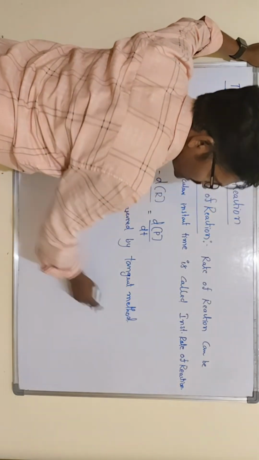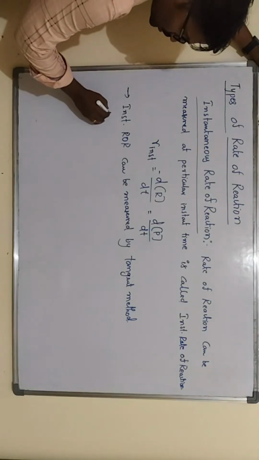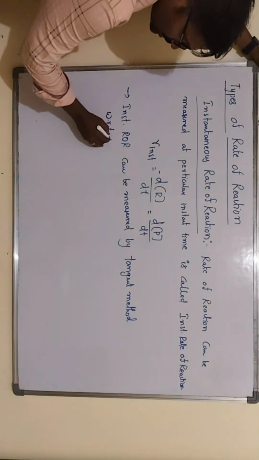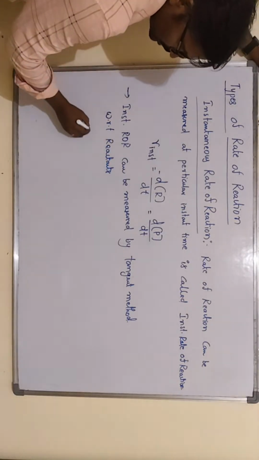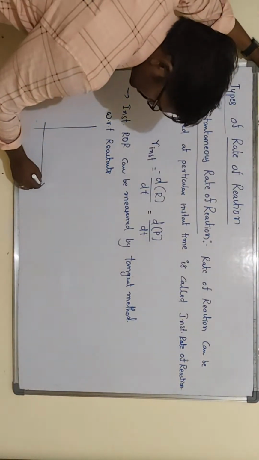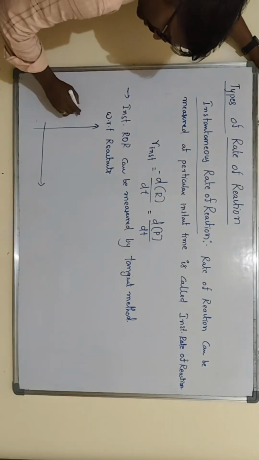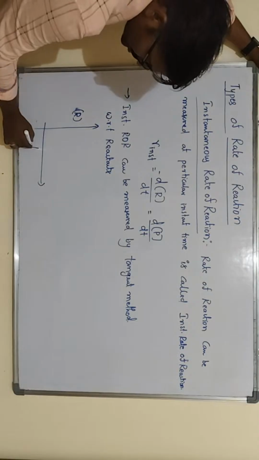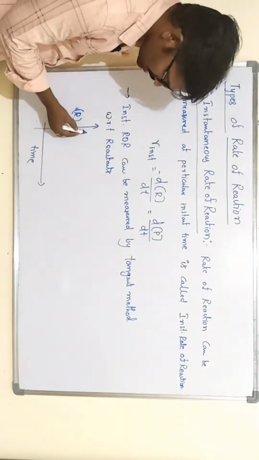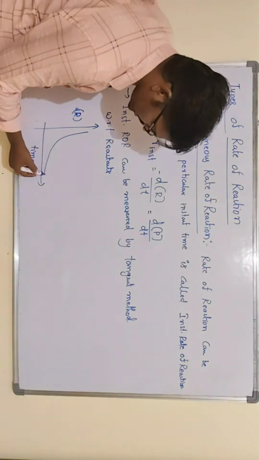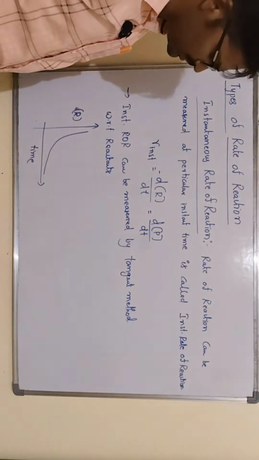With respect to reactants, if we take concentration versus time, look, my dear students, this graph always decreases exponentially for any order reaction except zero order.